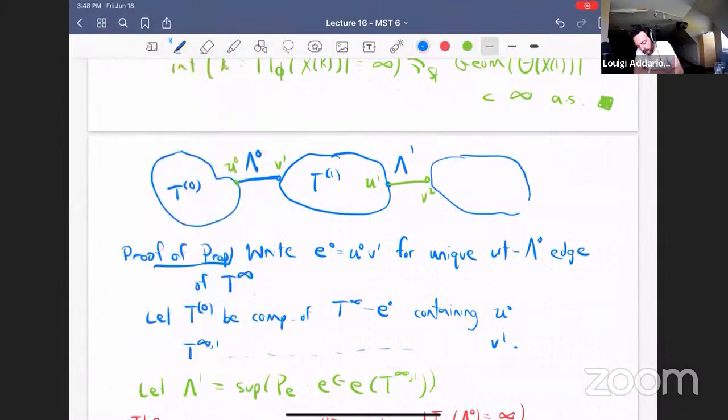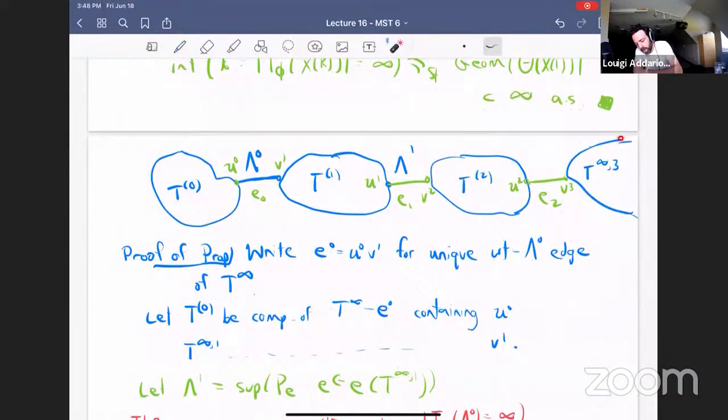By looking at the next largest weight edge we ever add, connecting U2 with some vertex V3, this is T2, and this will be T infinity 3, which we can further collapse into blobs in the same way.